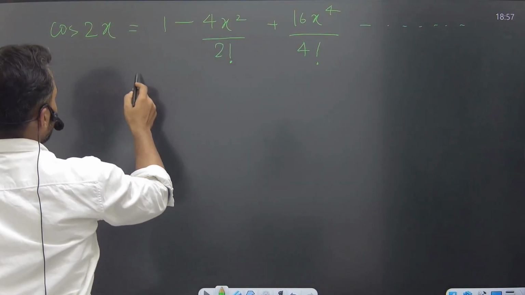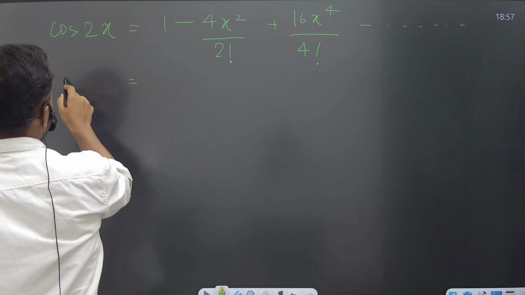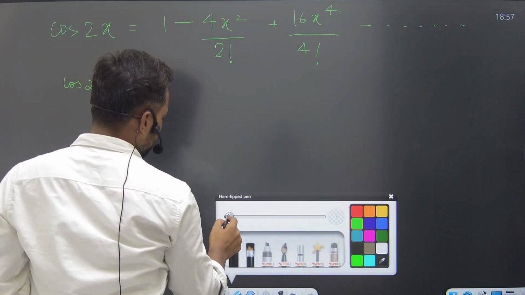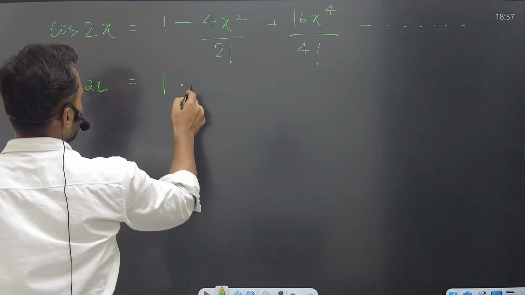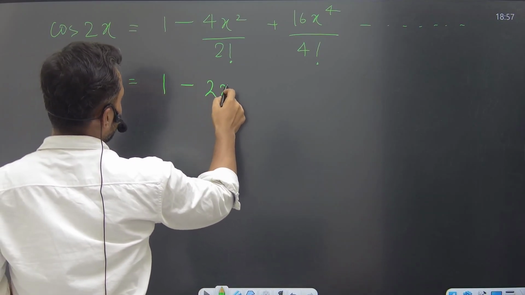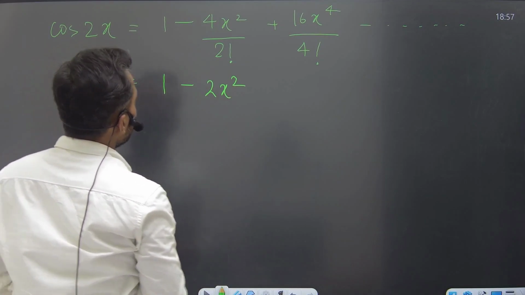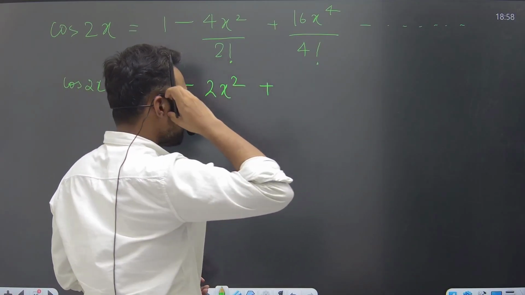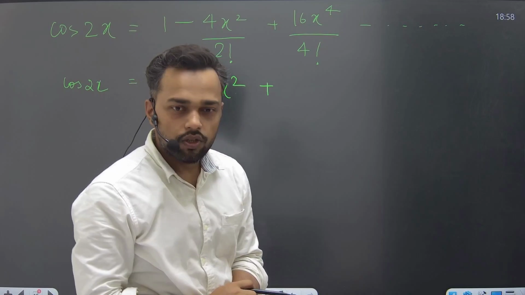Now if I say what will be the cos 2x, that will be equal to 1 minus 2x square plus, here you can see that we will be opening this 4 factorial, that is equal to 24.